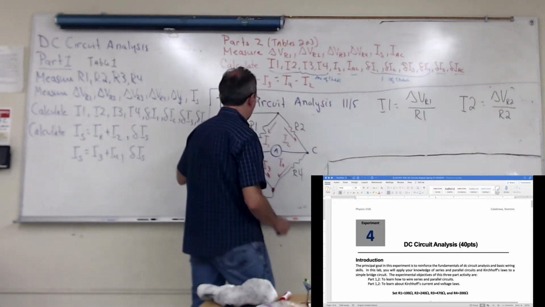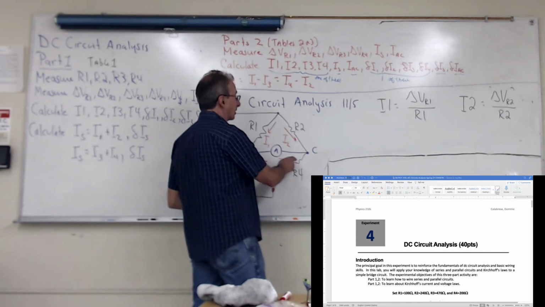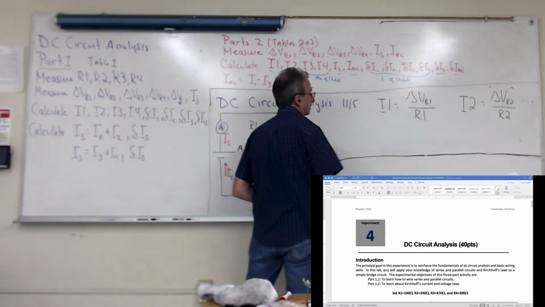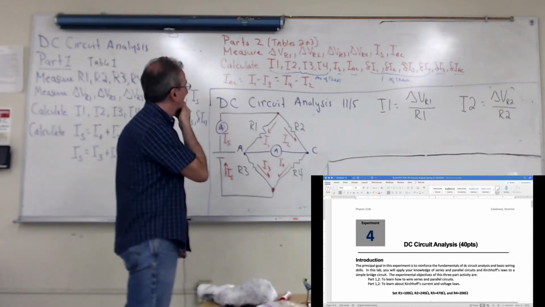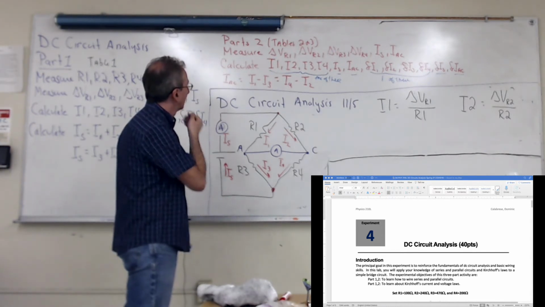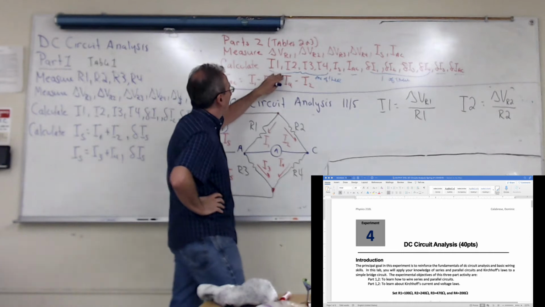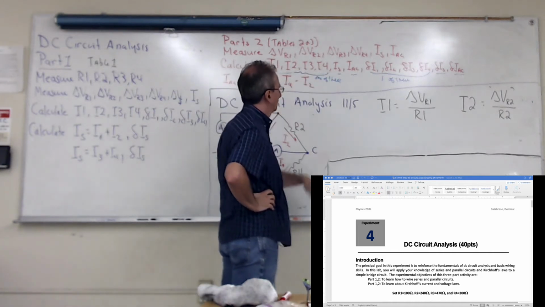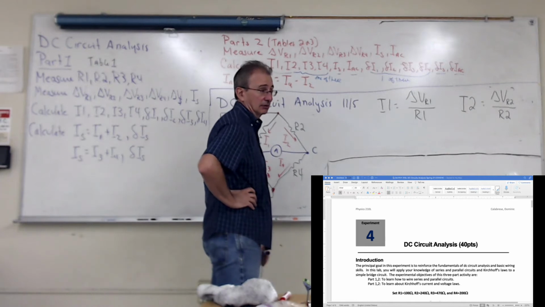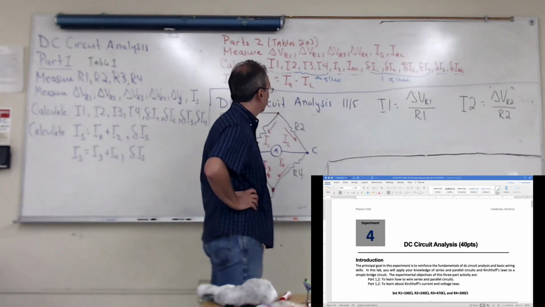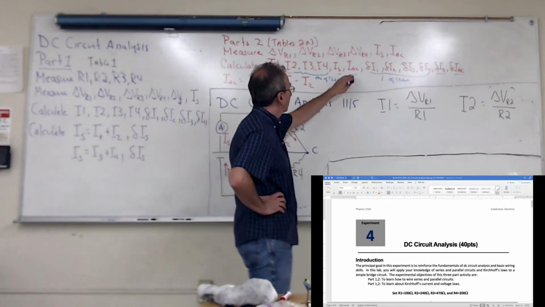You'll measure I sub S, and then you'll measure the current between these 2 points, I sub AC. Then you're going to calculate I1, I2, I3, I4, I sub S, and I sub AC.